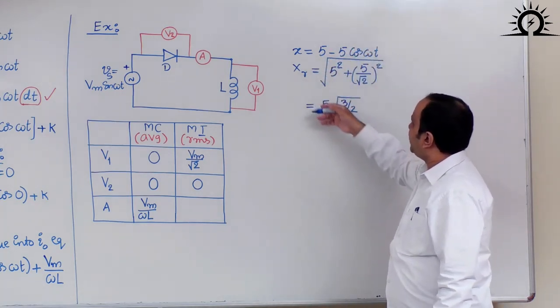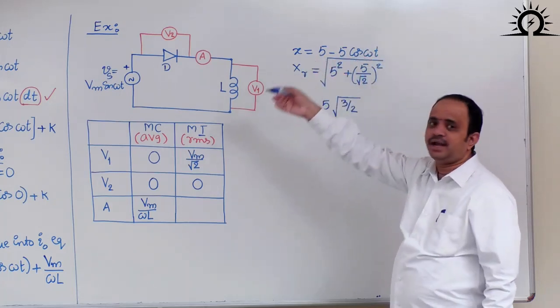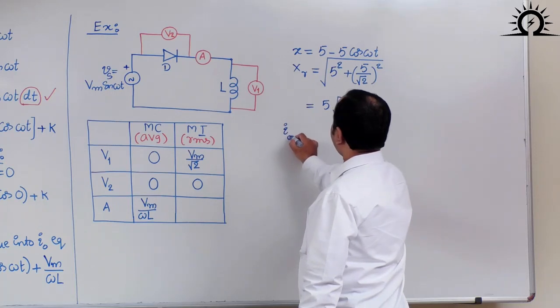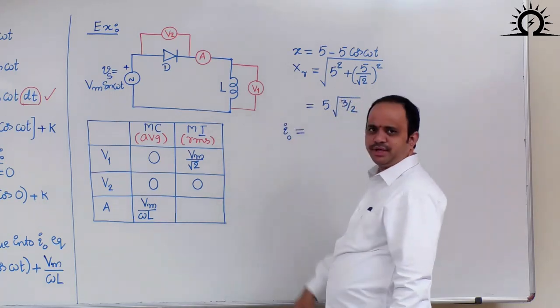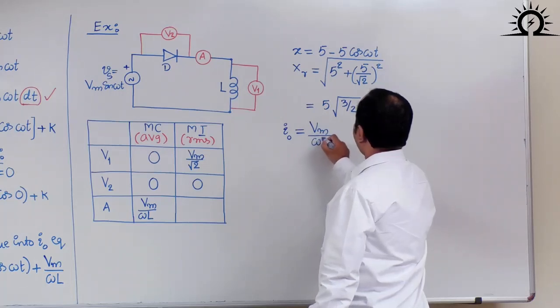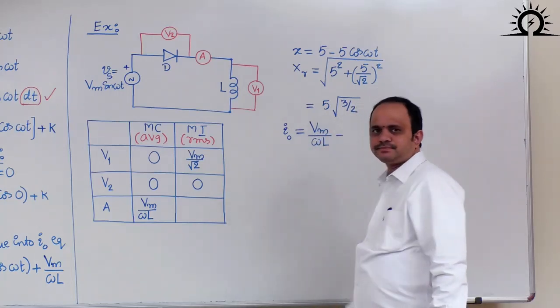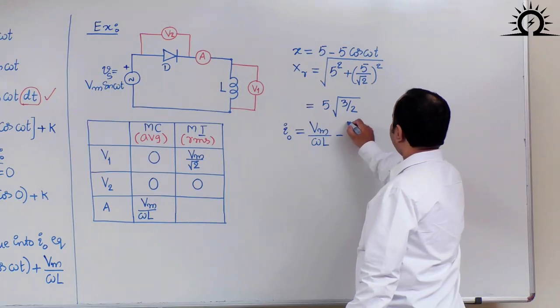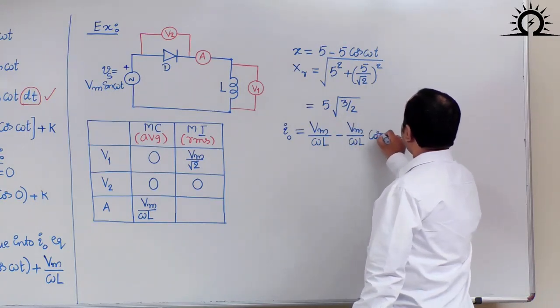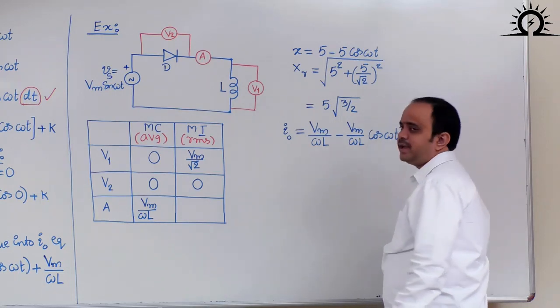In what way is this equation related to our discussion? What is the expression for our current equation? I can write it like this: Vm by omega L minus Vm by omega L into cos omega t.